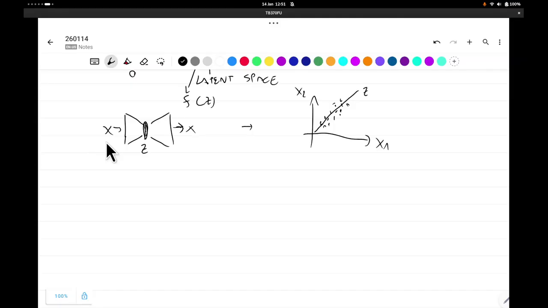So if I select this coordinate z, I would have a point that lies on this line, which explains almost all the variance of the original points, and then I add some noise in order to find points that meaningfully represent points in the original distribution, right?